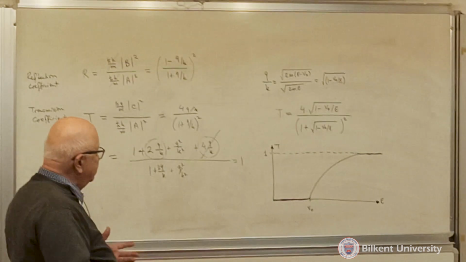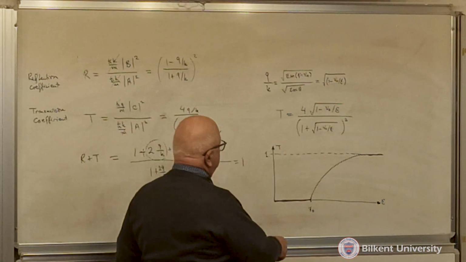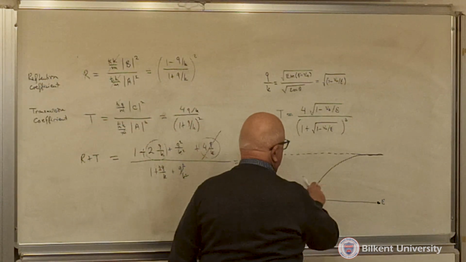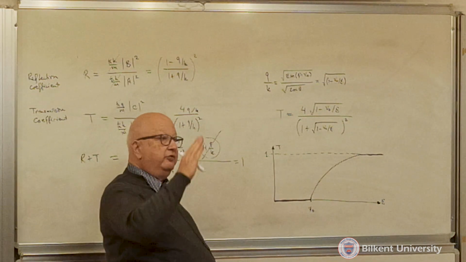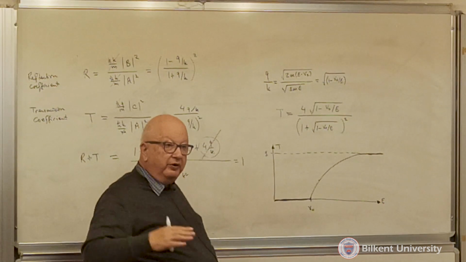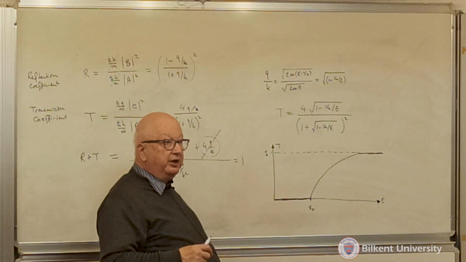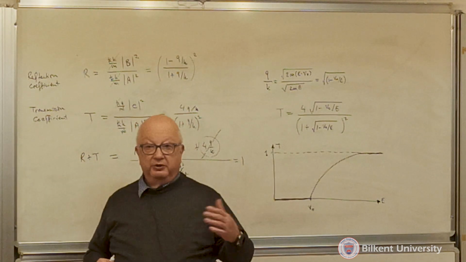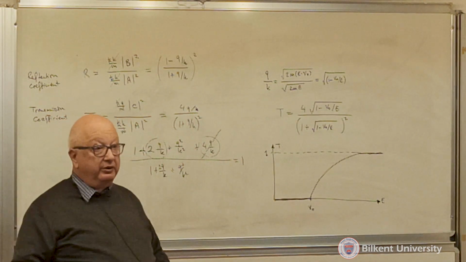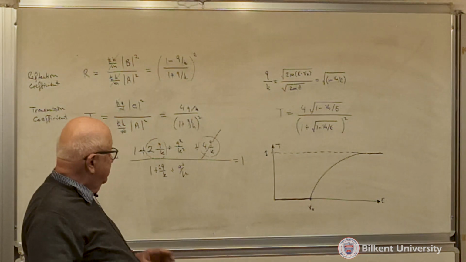But unlike the classical case, it's not automatically 1 as soon as you exceed V0. Classically, if you have a hill to climb and if you have sufficient energy in the beginning, once you reach the top, with 100% probability, you pass to the other side. Whereas in this case, that's what we have.